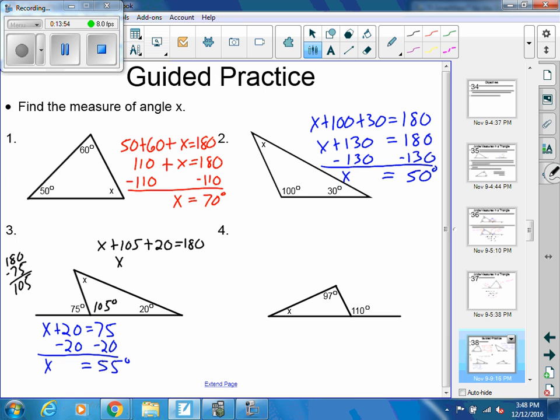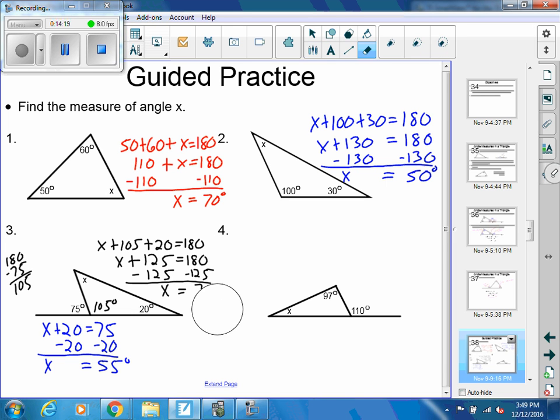So 105 plus 20 would be 125, and then subtract the 125, you would still get x equals, or I'm sorry, 55. X would still equal 55 degrees.